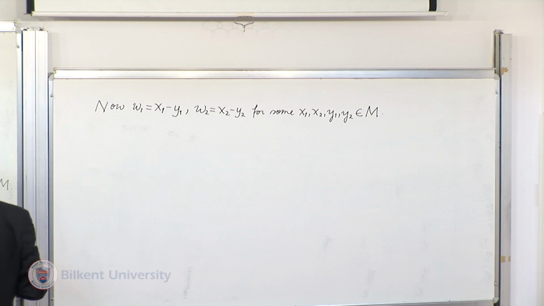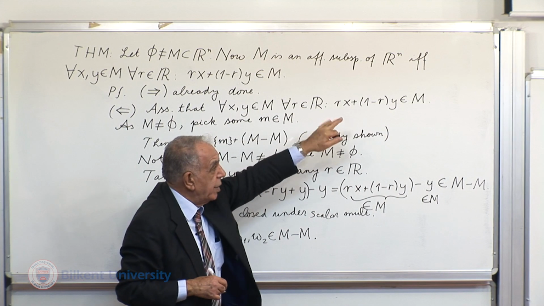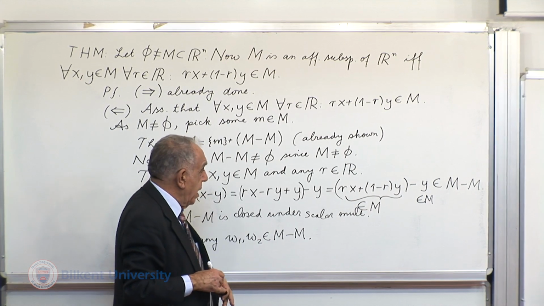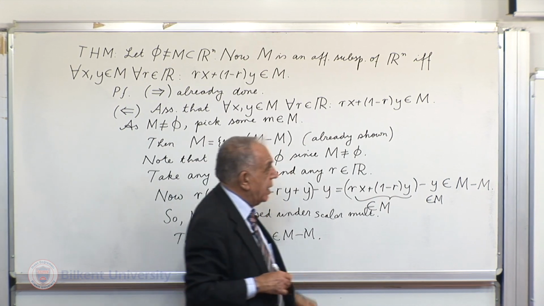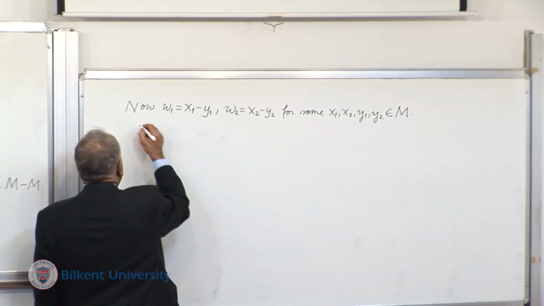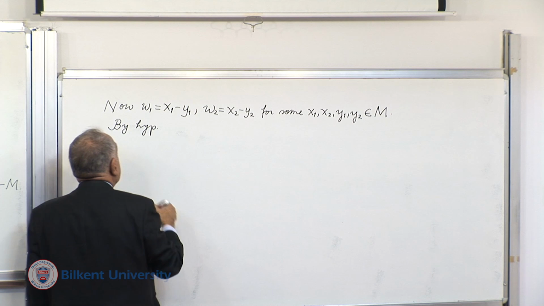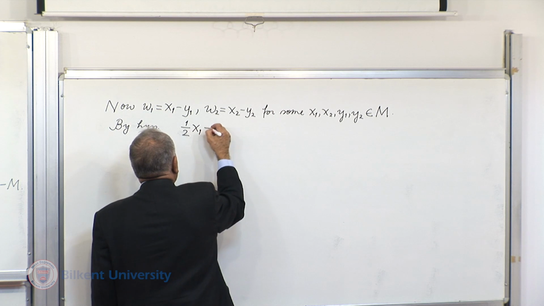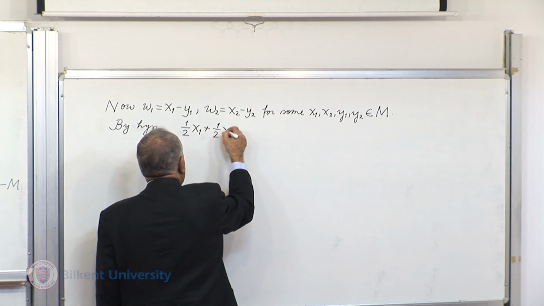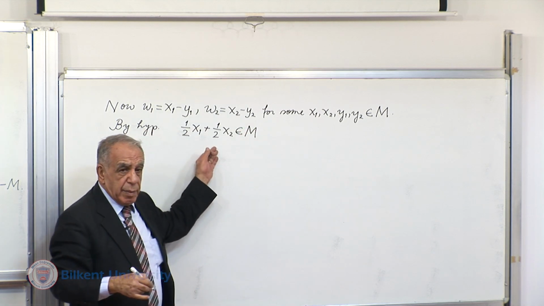Now what we know is this, which applies to all four if we take any two together. But we also already know that this is closed under scalar multiplication by hypothesis. Now if I take 1/2 x1 plus 1/2 x2, this will be in M, because 1/2 plus 1/2 is 1.